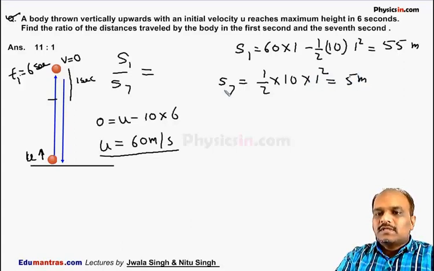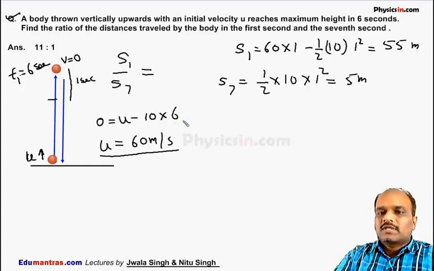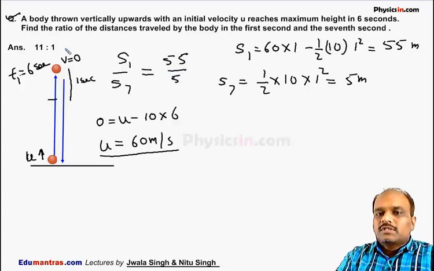In the 7th second it travels only 5 meters. So I can say S1 is 55 and S7 is 5. So the ratio is 11 is to 1.